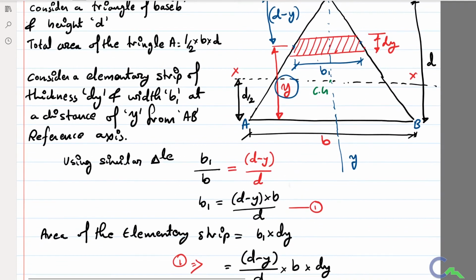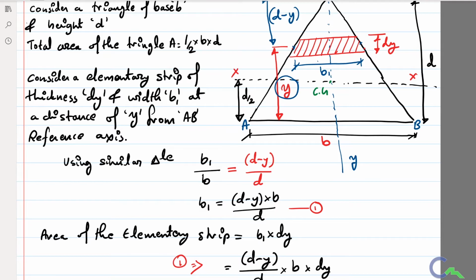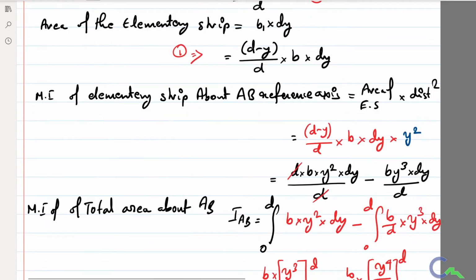In this case, the distance between the two axes is d by 3, since from the base the centroid is at a distance of d by 3.